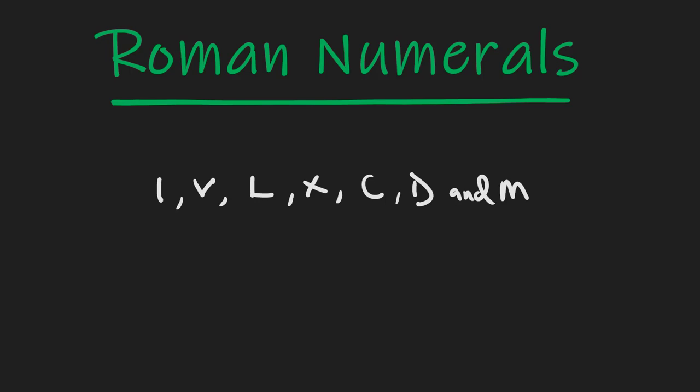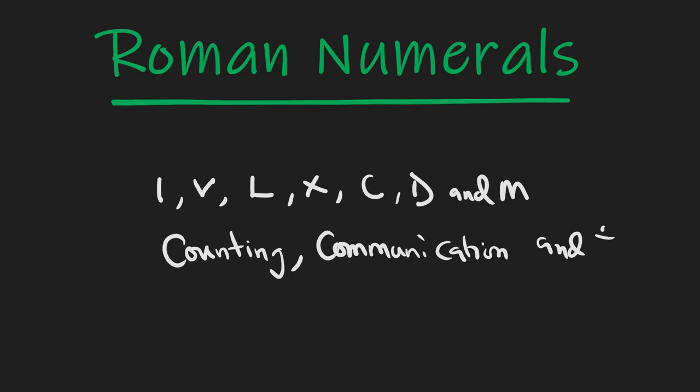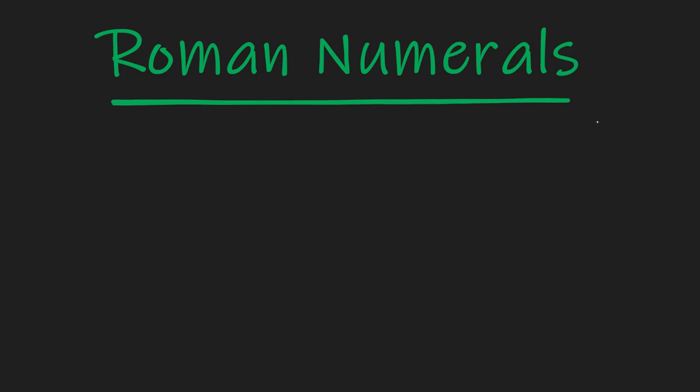The first usage of the symbols began showing up between 900 and 800 BC. That was a long time ago, was it not? The numbers developed out of the need of a common method of counting and also essential communication and trade. Right? So with all this being said, let's see the Roman numerals.